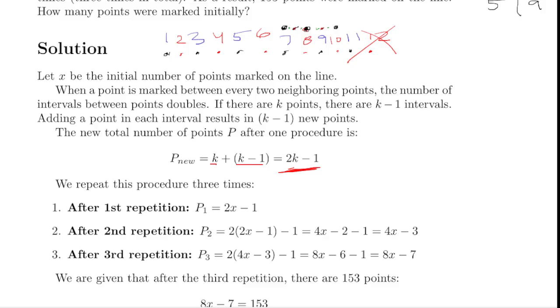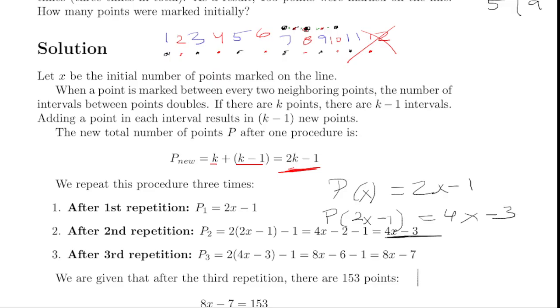So one way to think about this is like we have our p of x equals 2x minus 1. If we start off with x points, we're going to end up with 2x minus 1. So if we have 2x minus 1 now, that's going to be 4x minus 3 from over here.